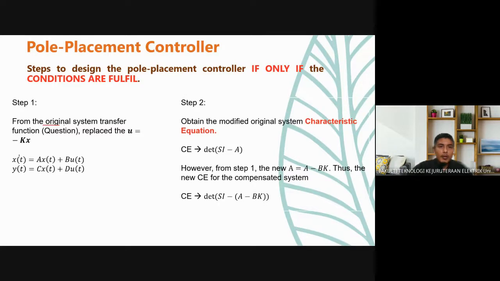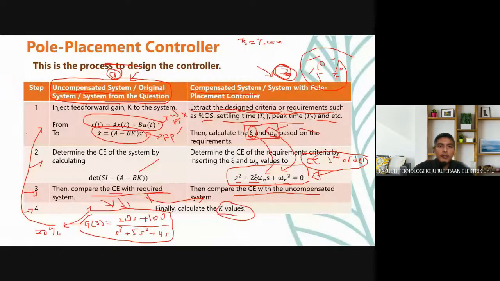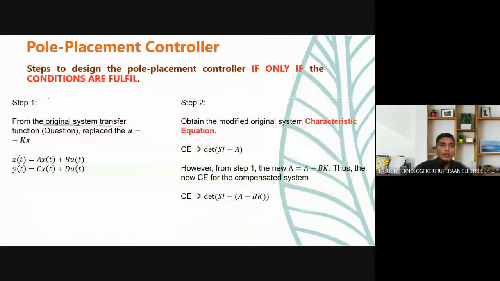From the original system transfer function, I mean from the first part here, if you want to inject the gain K into the original system, you just need to replace u equal to minus Kx. Minus Kx always refers to the pole placement controller.